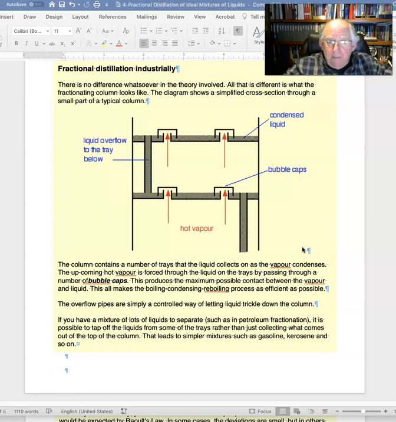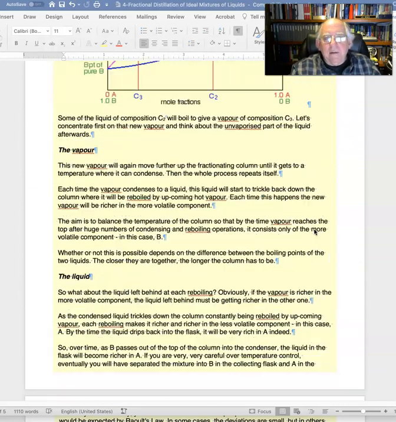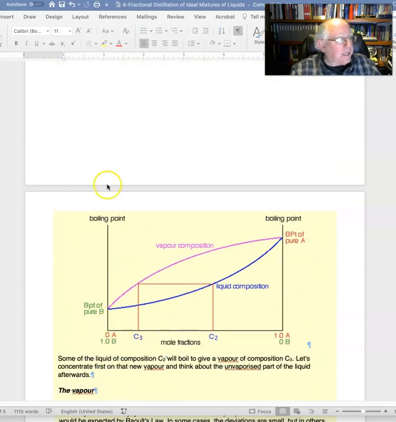It boils, and that then comes to the next level, and it recondenses again at a higher fraction and just continues the process. So with that, that is the section on fractional distillation.